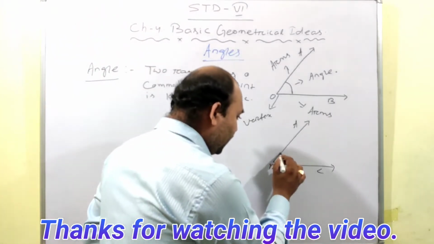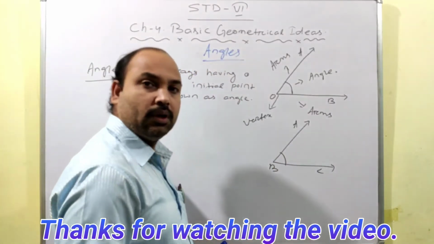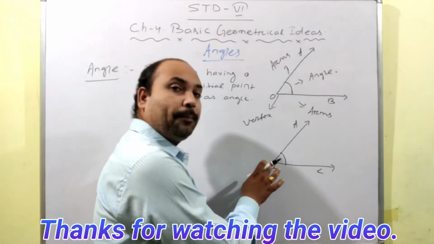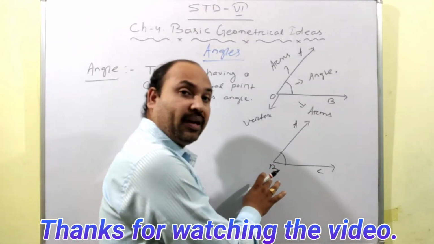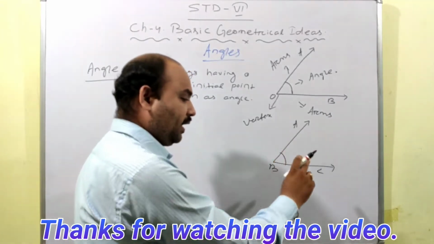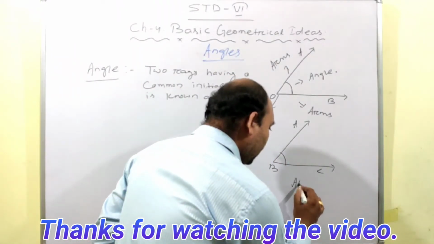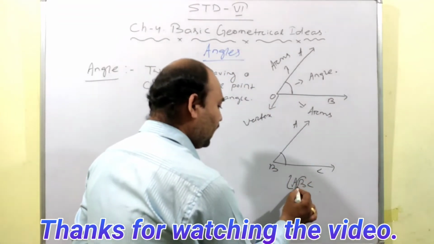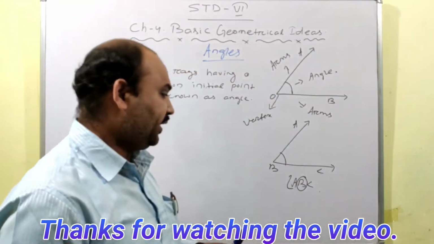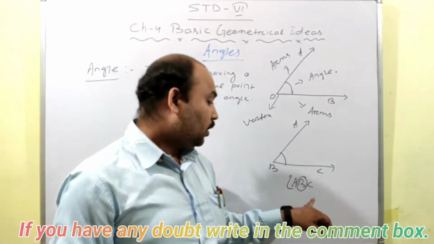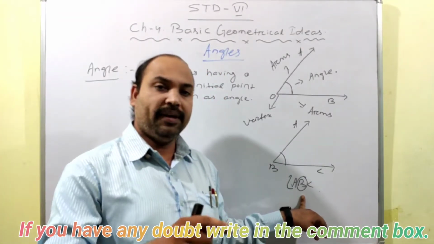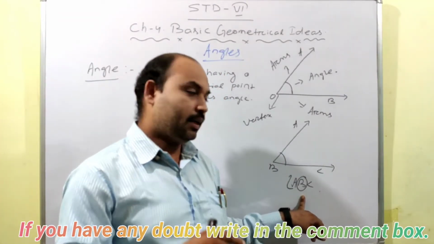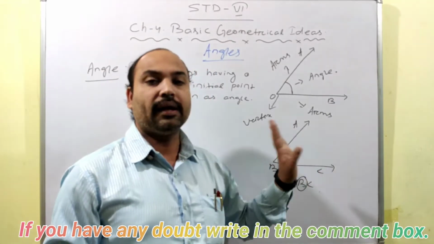Here at point B the angle is formed, so we have to put the letter B in the middle of A and C and write angle ABC. It means B lies in between A and C. The letter in the middle is the point where the angle is formed.